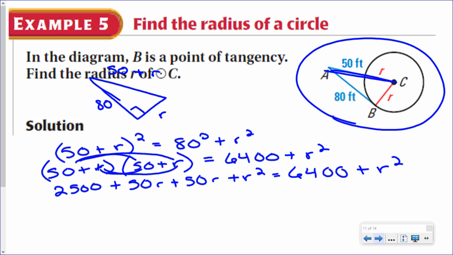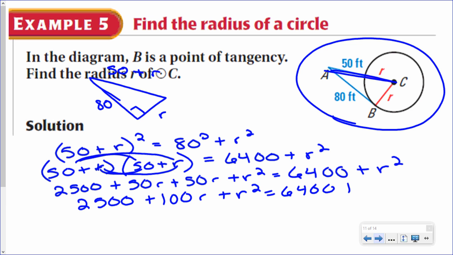What I would do next is combine 50R and 50R to get 100R.